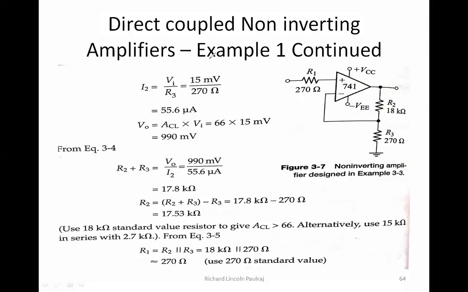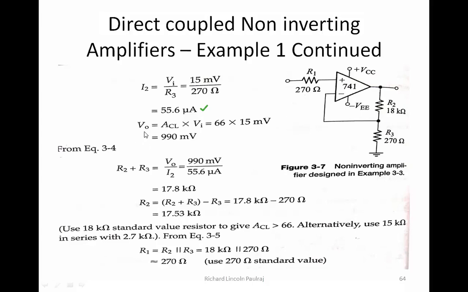So slightly you can see that it has been increased. Just cross check if this value is correct. 15 milli, yes, that's correct, divided by 270. We are getting 55.555. Yeah, so 55.6 we can take, approximately.